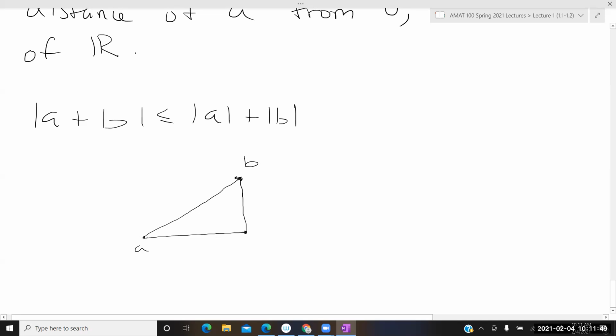In other words, you travel less going along the straight line. That's all the triangle inequality is saying.